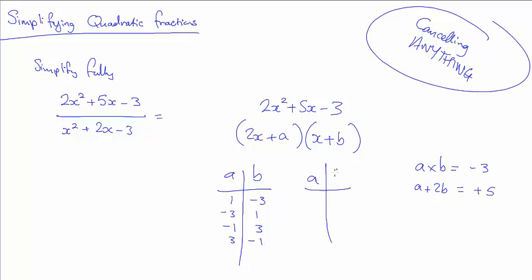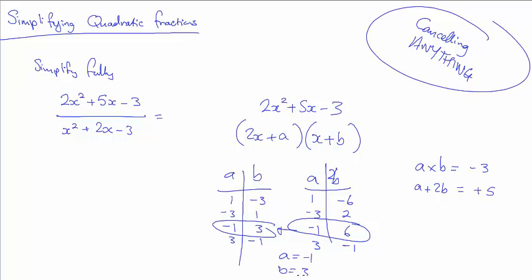But remember, the equation is for a plus 2b, so we're going to create another table where we've got 2b here. Don't change the first ones. There's your one. This is your combination, which gives you 5. So your a equals minus 1 and your b equals 3.